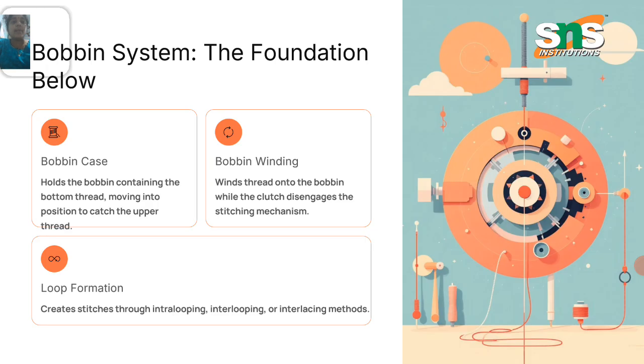So the next one is the bobbin system foundation. How the bobbin case works and what is the purpose of the bobbin case. It holds the bobbin containing the bottom thread, moving into position to catch the upper thread. Mainly the bobbin case is used to hold the bobbin, which is placed having the bottom thread, and it has been placed inside.